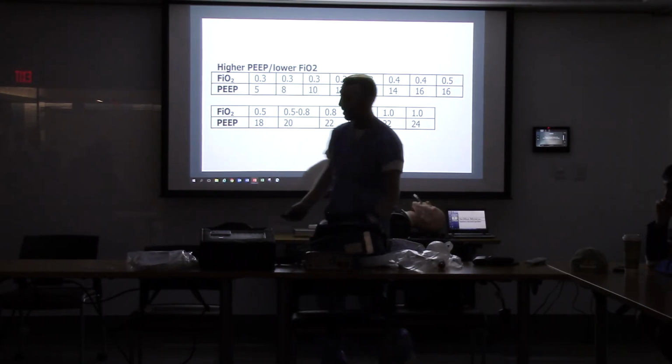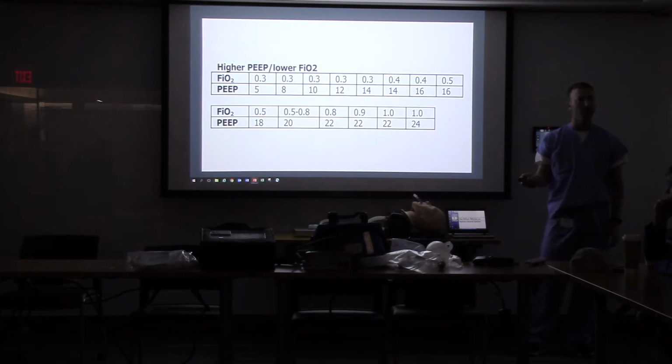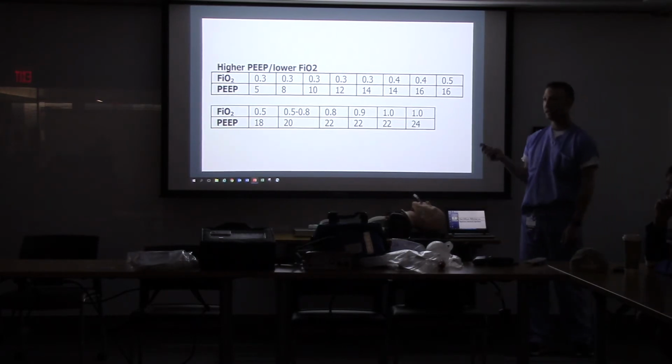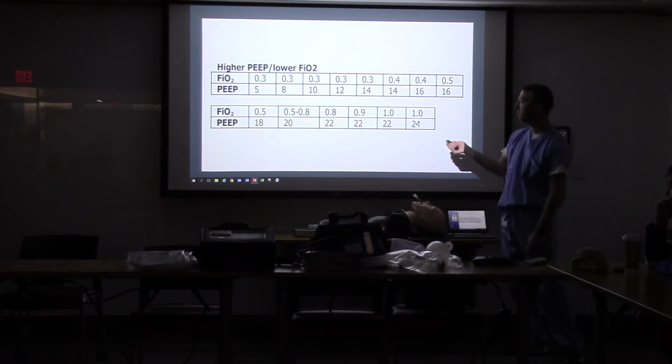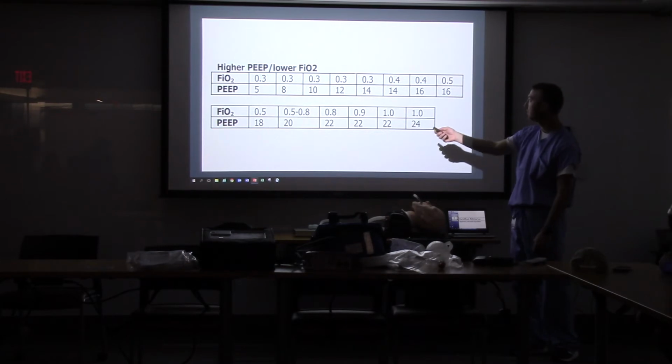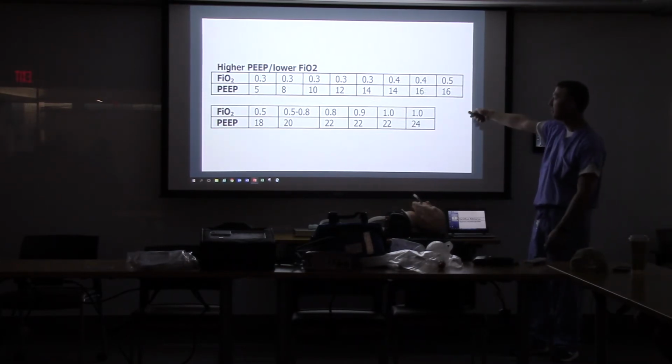It gives you two options. And oxygen is a drug. Any drug can be overdosed, and patients can actually be harmed by too much oxygen. So very few people need 100% oxygen, and more people need under 50% than anything else.